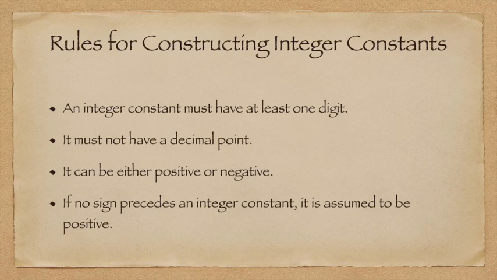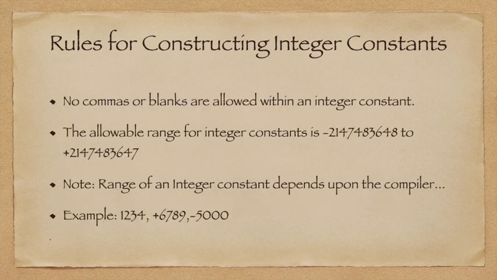To construct an integer constant, it must have at least one digit and there should not be any decimal point. The number can be either positive or negative. By default, if there is no sign preceding the constant, then it is assumed to be positive. Within the number, no commas or blanks are allowed.